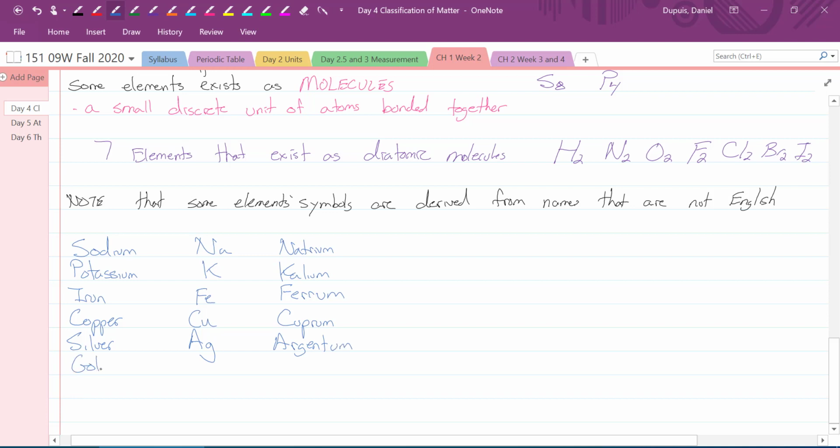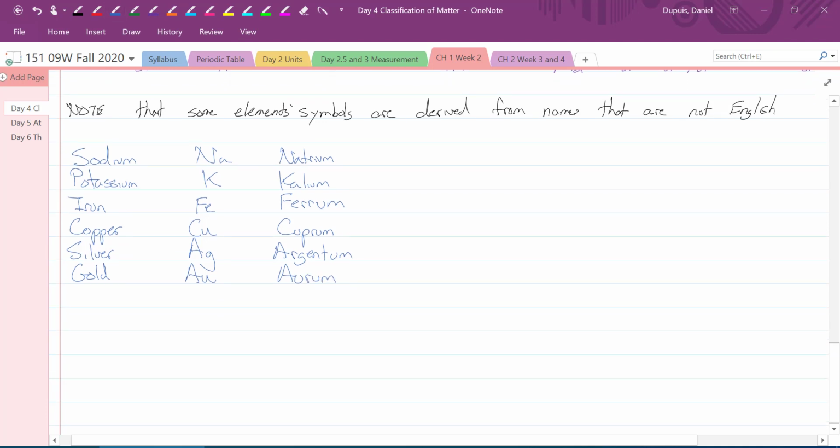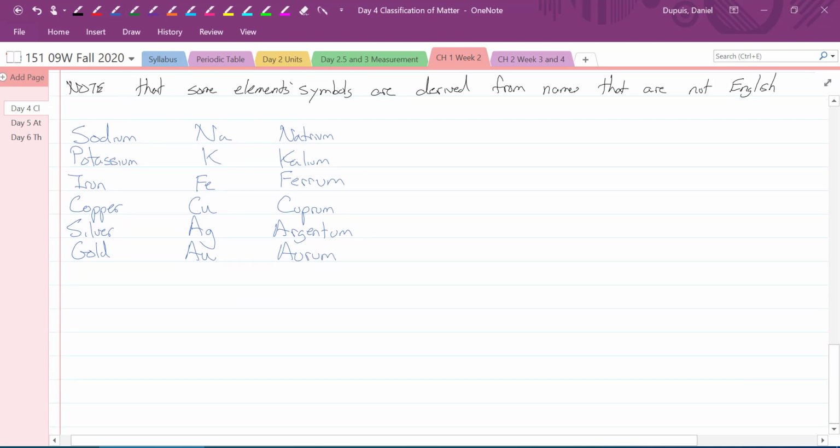Got gold, Au, and that's aurum. Then you have tungsten, W, wolfram. Tin, Sn, right? And that's stannum.